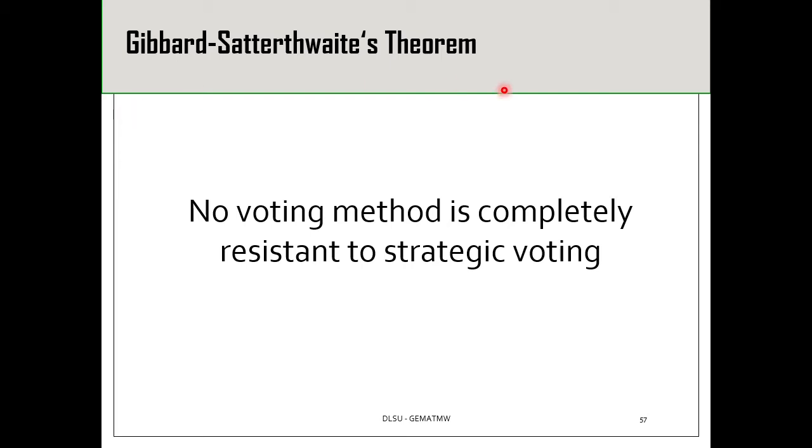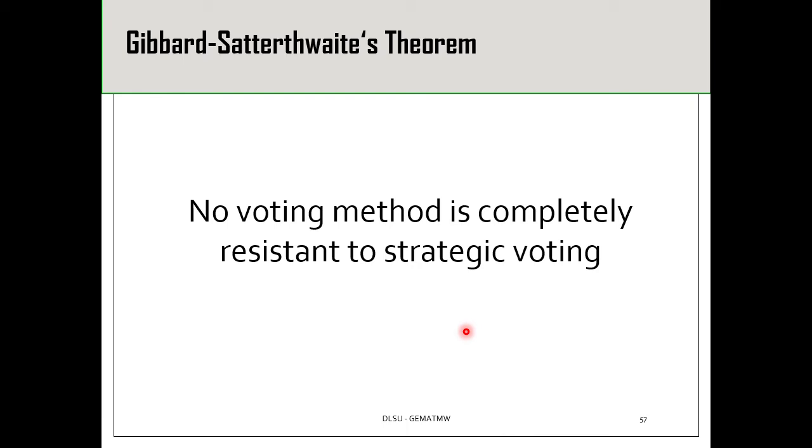The GS theorem states that there is no voting method that is completely resistant to strategic voting. Now, to recall, strategic voting is the changing of the preference of the voter because his actual preference is unlikely to win.